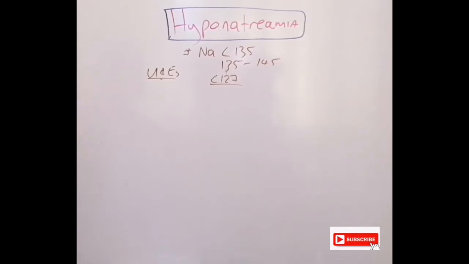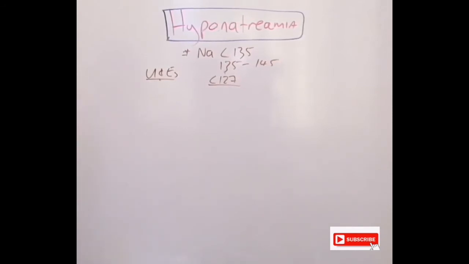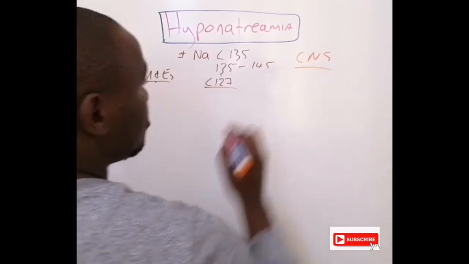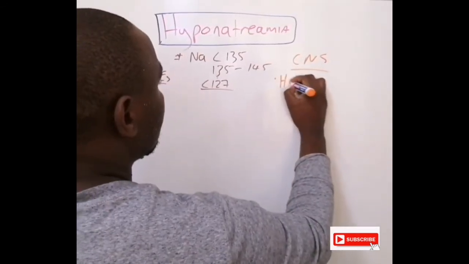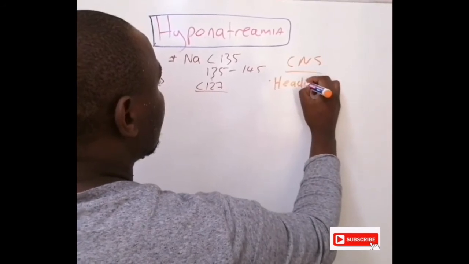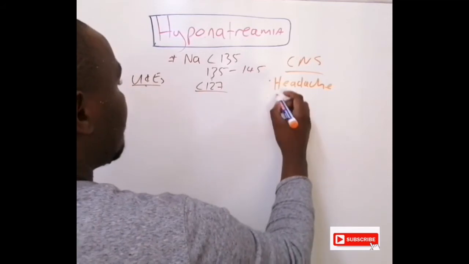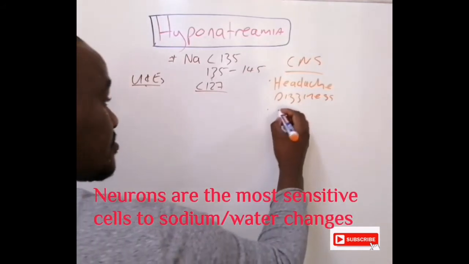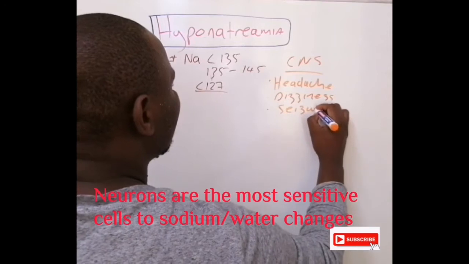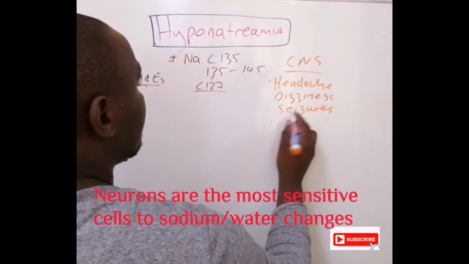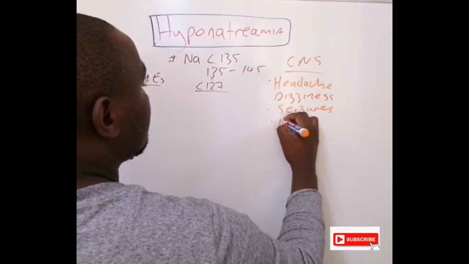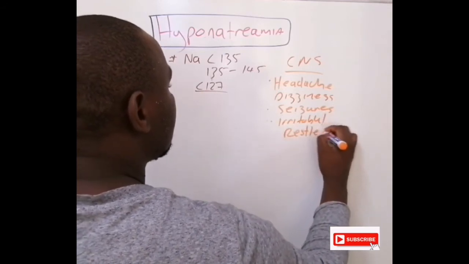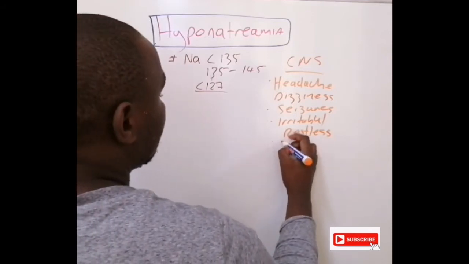So when you've got hyponatremia, what are the signs and symptoms that the patient might come in presenting with? It's mainly CNS symptoms, such as headache, they can come in with dizziness, they can come in with seizures, they can be irritable or restless, or they can even come in comatose.